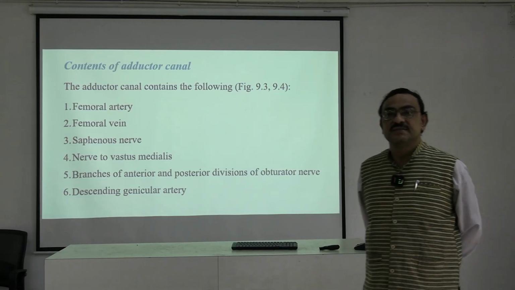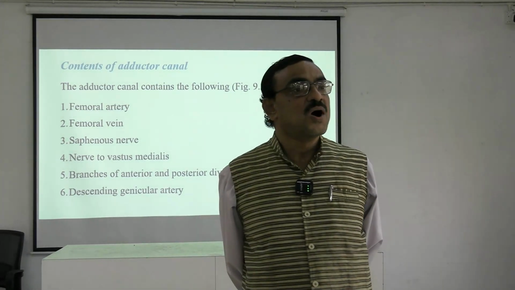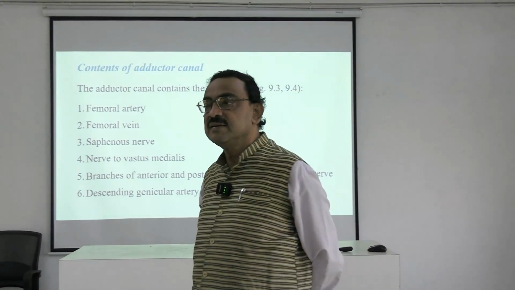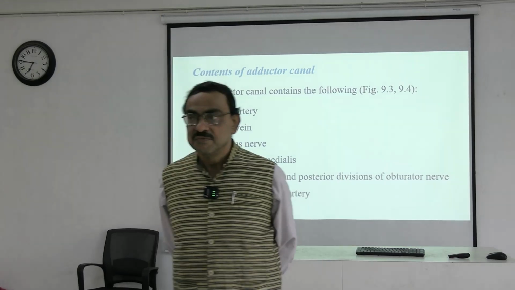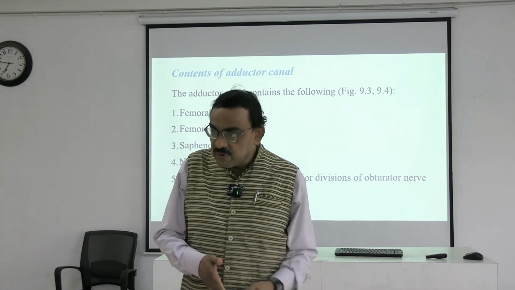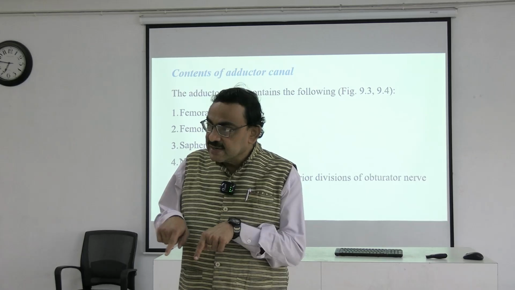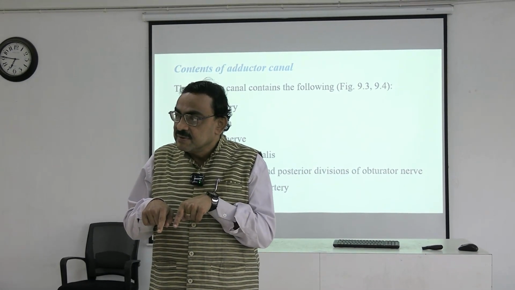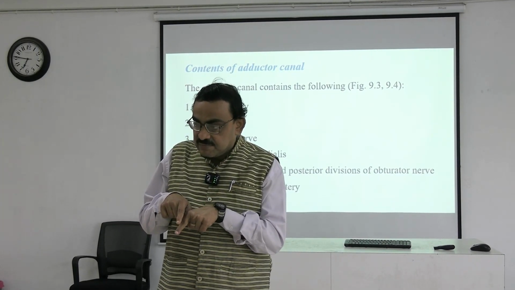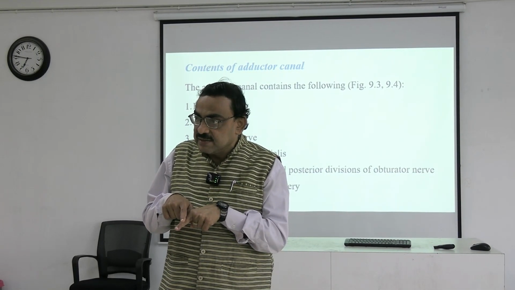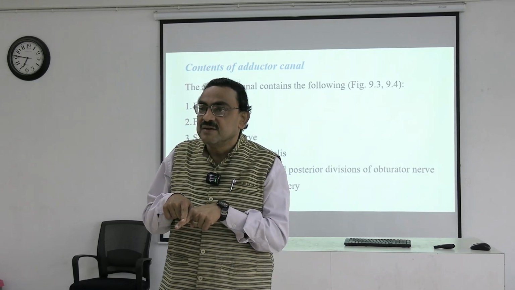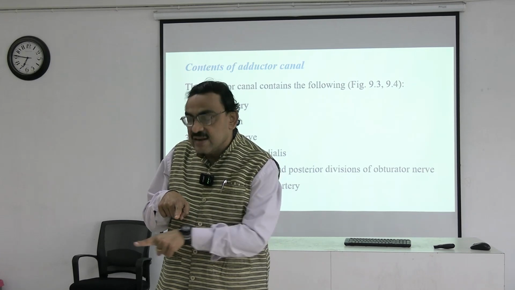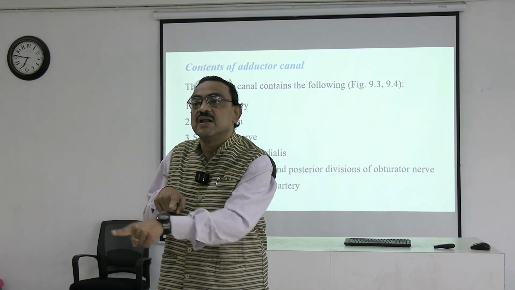Now what are the contents? Contents, first femoral artery, femoral vein. Actually the femoral artery remains lateral in the femoral triangle, and the femoral vein remains medial, but gradually the femoral vein goes behind the femoral artery, crosses it, and becomes lateral to the femoral artery.